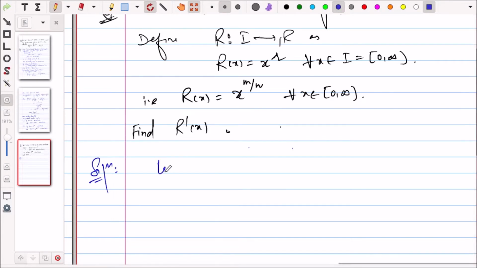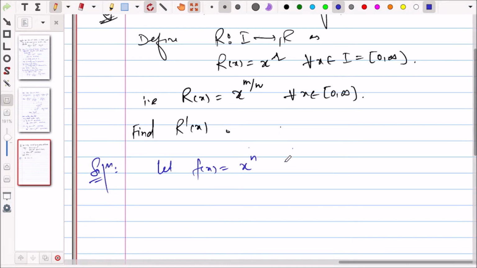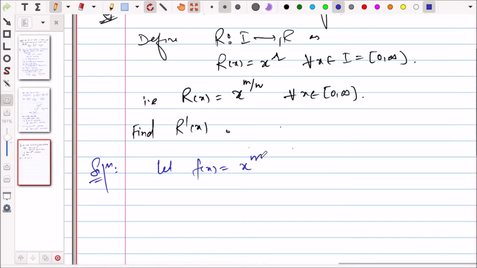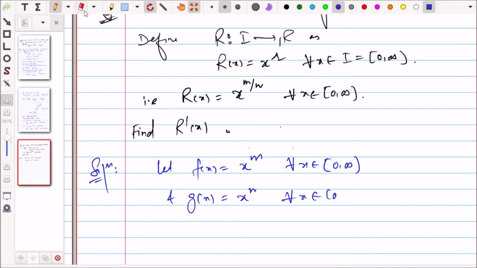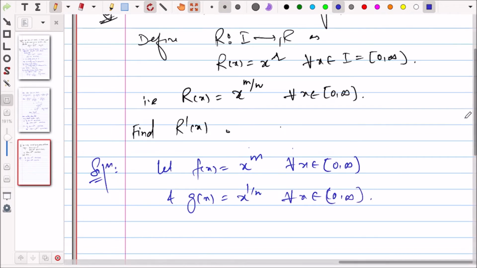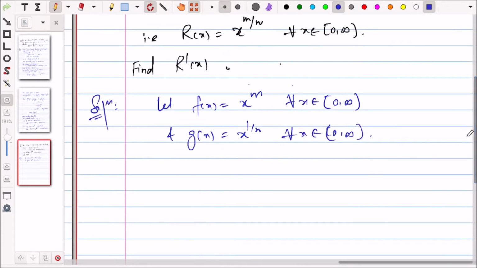So let f(x) equal to x to the power m, for all x belonging to 0 to infinity, and g(x) is equal to x to the power 1 by n for all x belonging to 0 to infinity. Okay, is it fine?